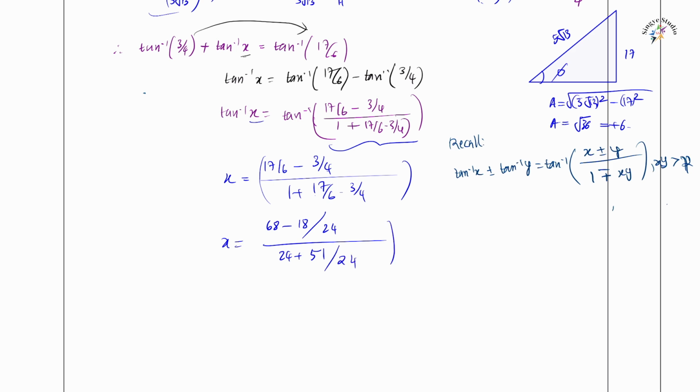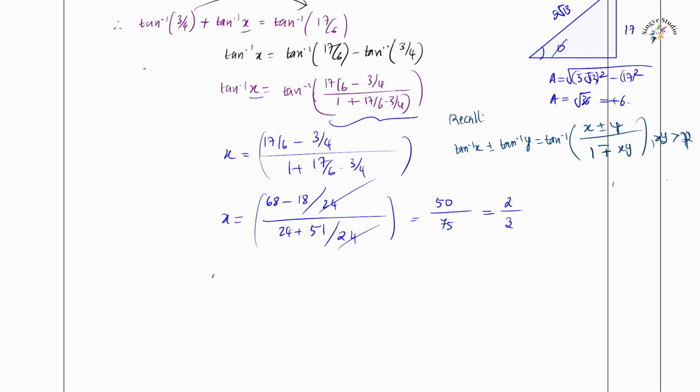The 24s cancel, so we are left with 68 minus 18, which is 50, divided by 24 plus 51, which is 75. 25 twos are 50 and 25 threes are 75. Therefore x is 2 over 3, and in decimal it's 0.666. So this is the value of x.